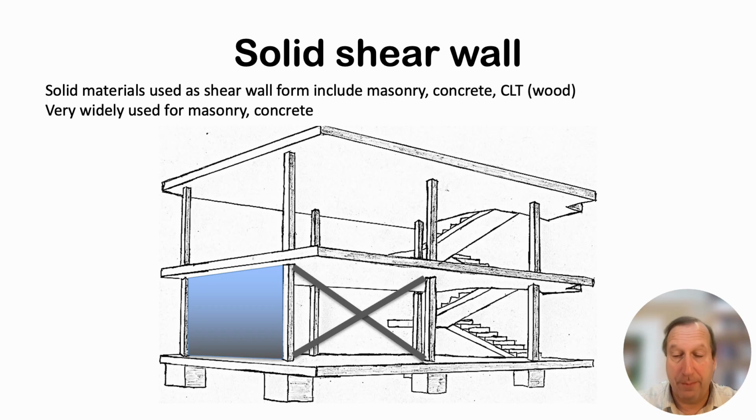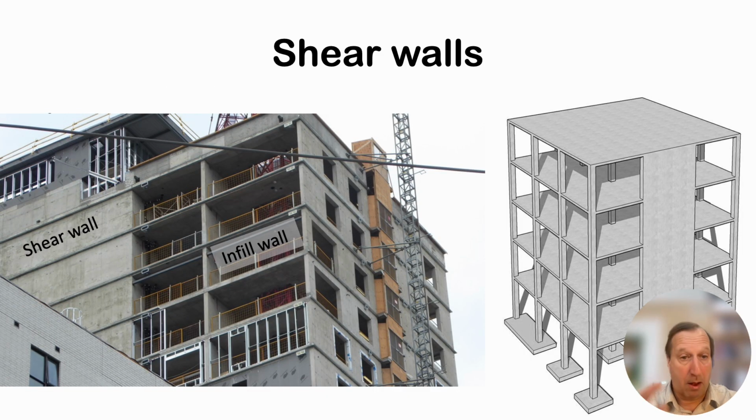That is very common in high-rise condos. Also, that shear wall is often providing the support structure for the enclosure, and so you get two functions out of that, not just a distinct superstructure only function.